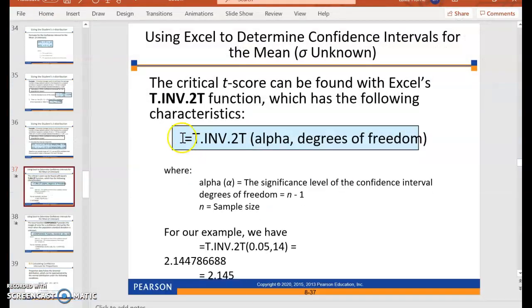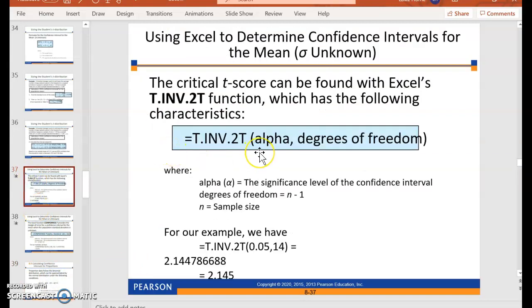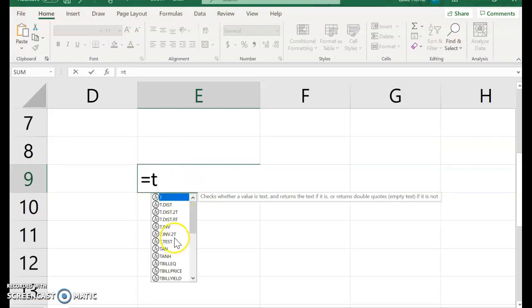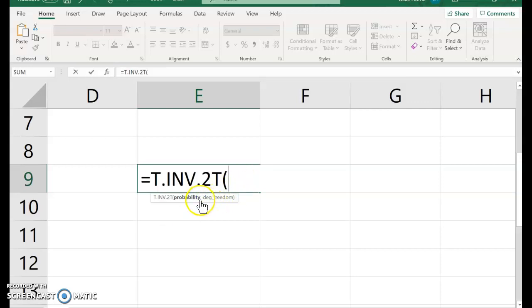And if you remember, we talked about the t-score in section 8.3, I believe. Even though it says X in Excel, it is alpha. So be careful here, because typically we don't think of alpha as X, but for some reason in Excel it is.